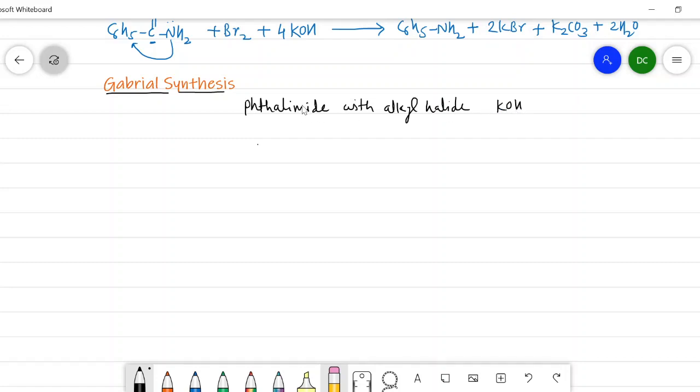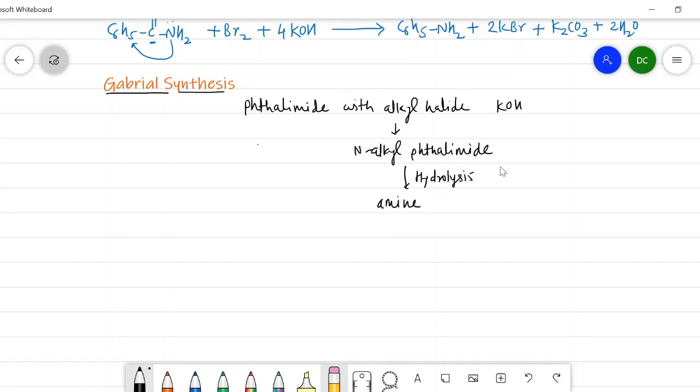When phthalimide is treated with the alkyl halide in presence of KOH, it forms N-alkyl phthalimide, and this N-alkyl phthalimide upon hydrolysis in the second step gives the corresponding amine.